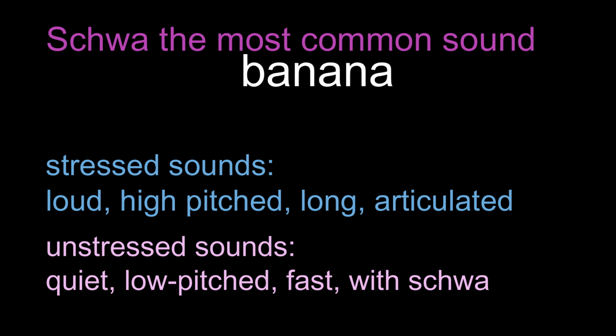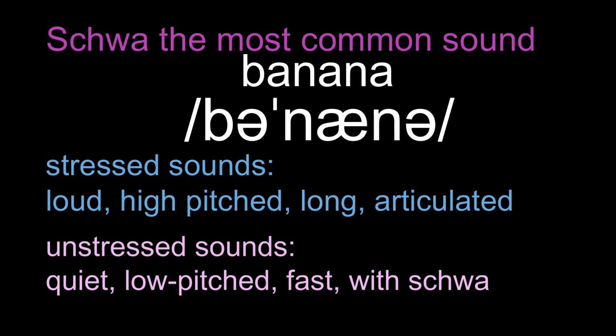For example, consider the word banana, which has a stress in the second syllable. The vowel of the second syllable is clearly articulated, but the vowels of the first and the last syllables are reduced to schwa, resulting in the following pronunciation of the word: banana.